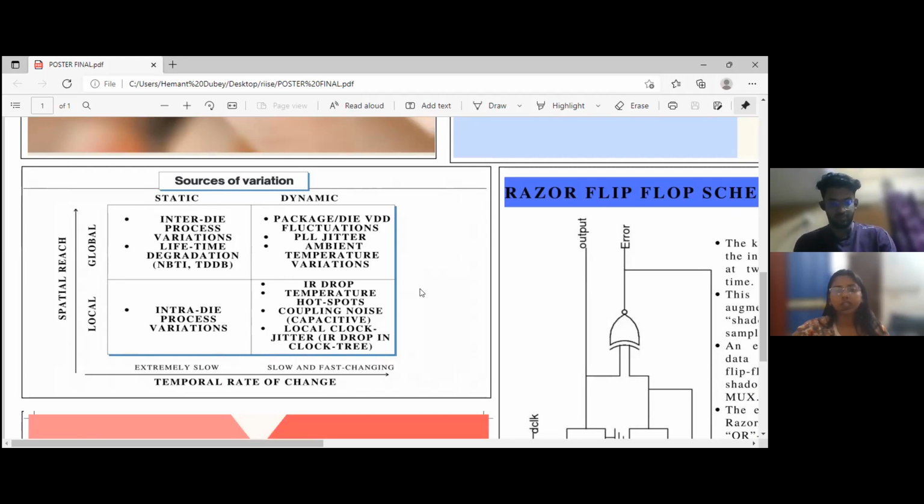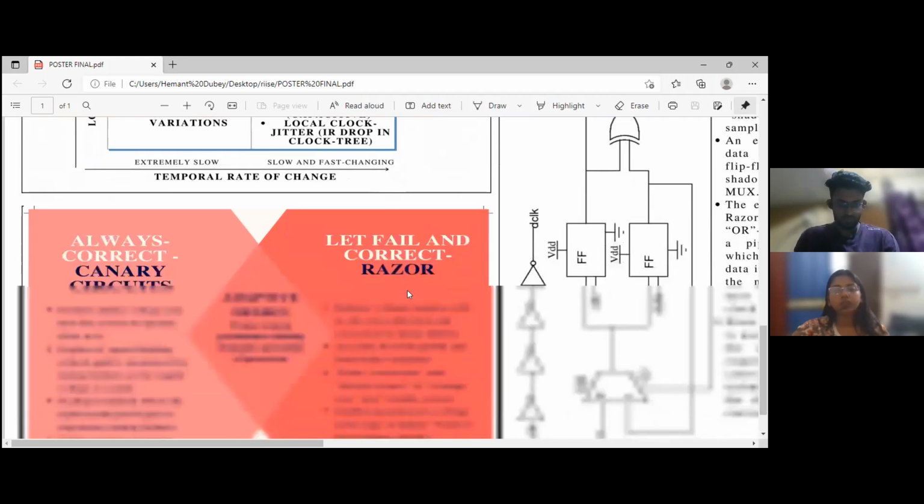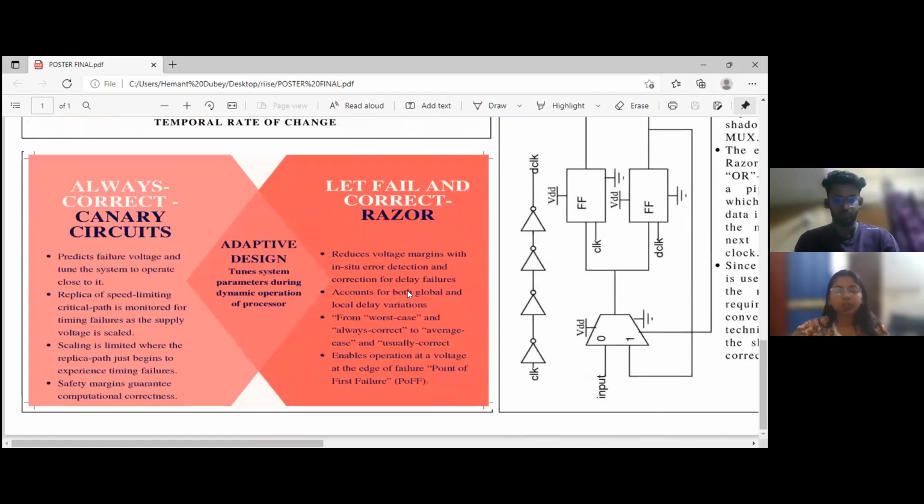Circuits exhibit worst-case delays for very specific instructions, and hence, for most of the computations, they contribute only to power wastage. This growing energy waste has led us to the adaptive design approach, which tunes system parameters, that is supply voltage and frequency of operation, during the dynamic operation of the processor.